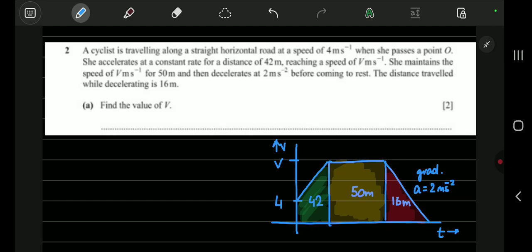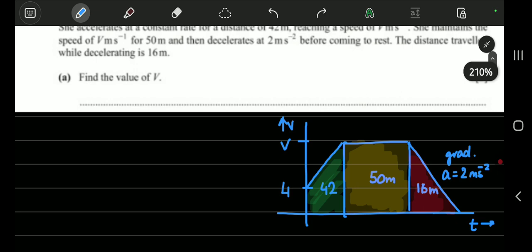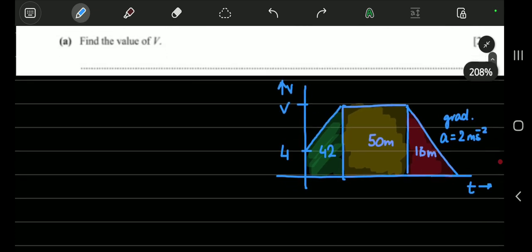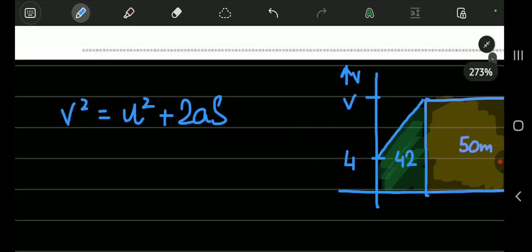Okay, and that becomes very easy, because as I told you, we have acceleration, so we can use an equation of motion for this. We know v squared is equal to u squared plus 2as. So from here we know the final velocity, yes, is 0.